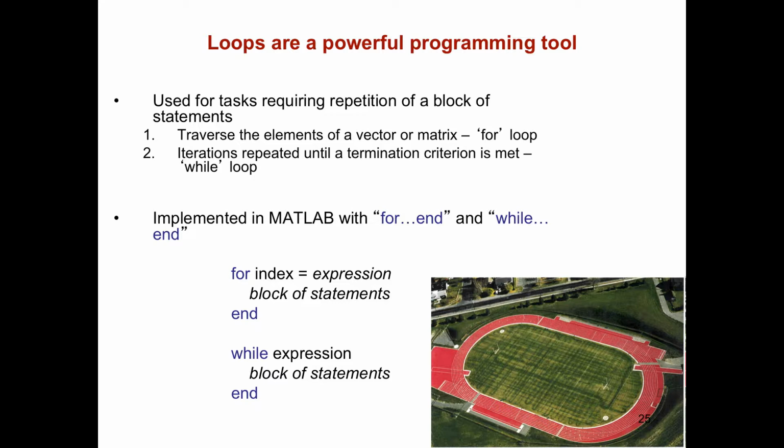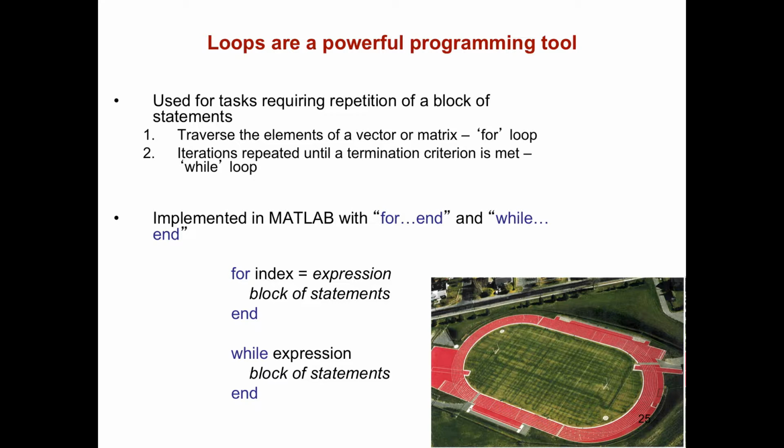So I can say, I'm processing a file of students, and while number of students is less than 30, keep doing this. Or for the students 1, 2, 3, 4. I can do something while something is true or not true, so I can evaluate a logical expression. Or I can say for this many counters, keep doing this. Just like you would in language, that's how you can program.